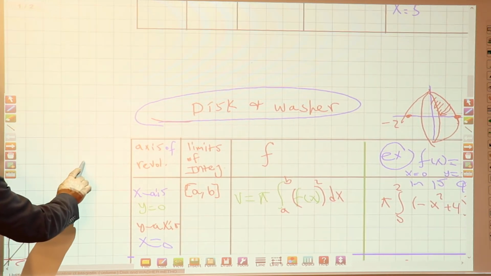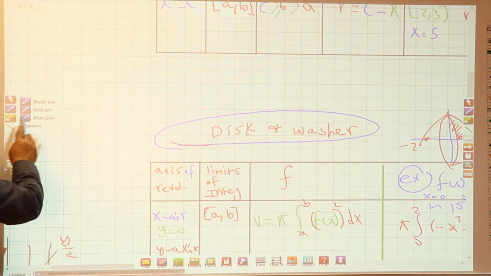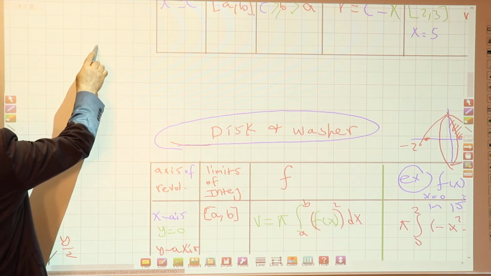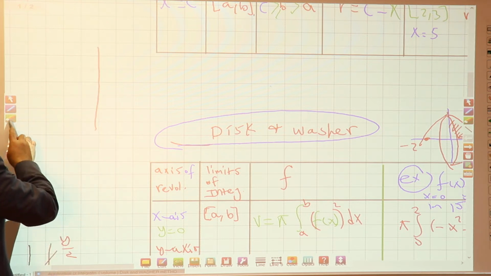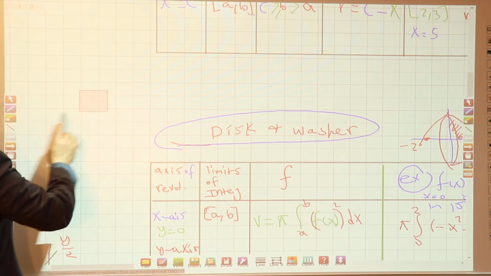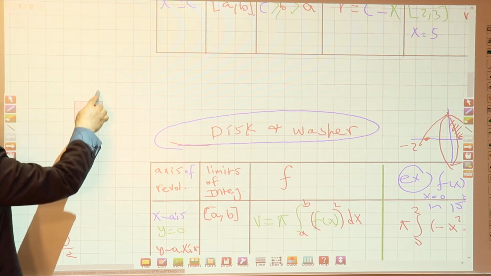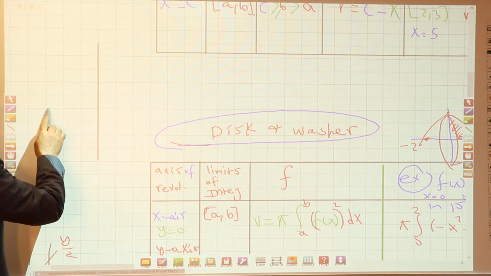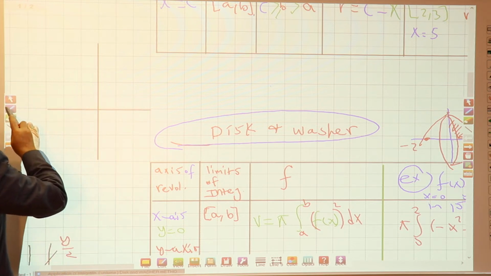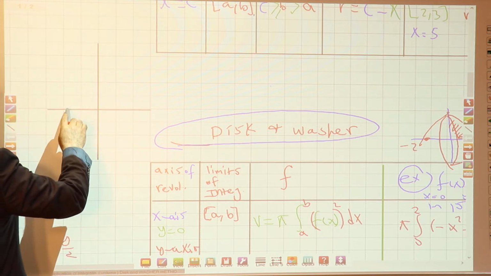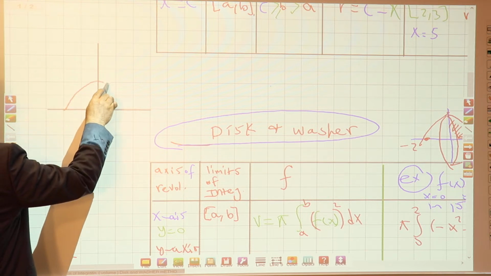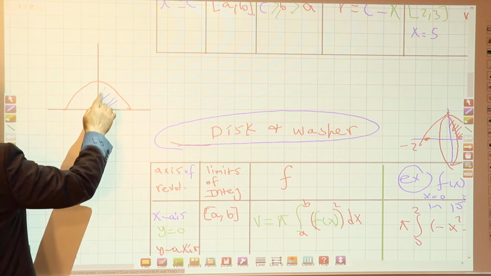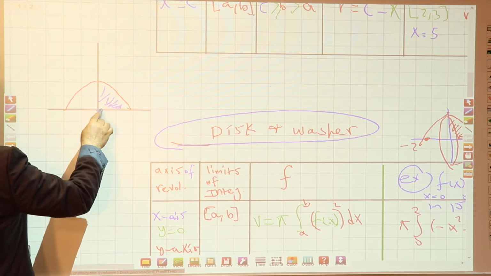Now if you want the y-axis for this one, look here, the same function, the same area, but now revolving about the y-axis.